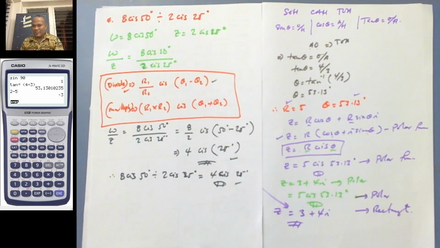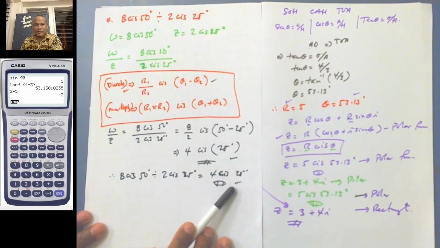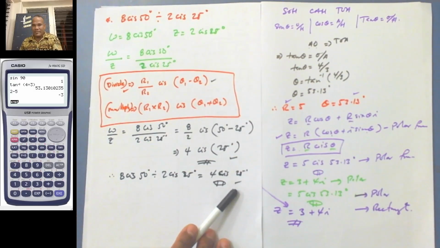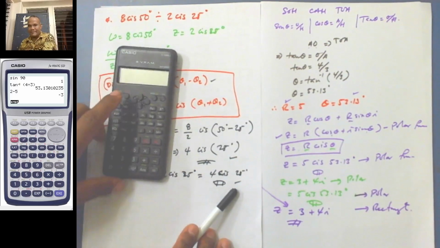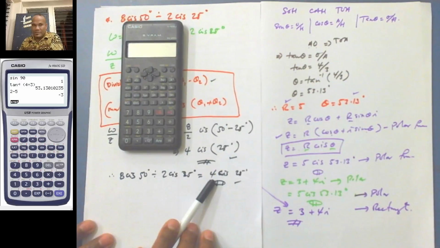Normally the question says in polar form, but if the question says leave your answer in rectangular form, then we need to convert this using the concept that I showed you earlier.